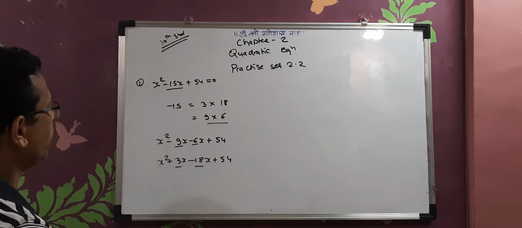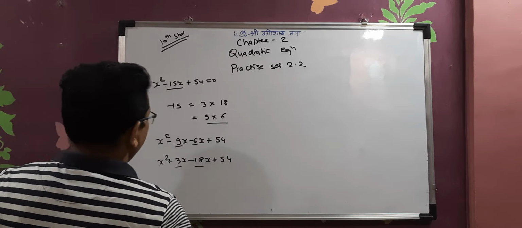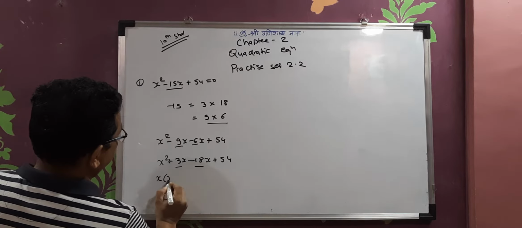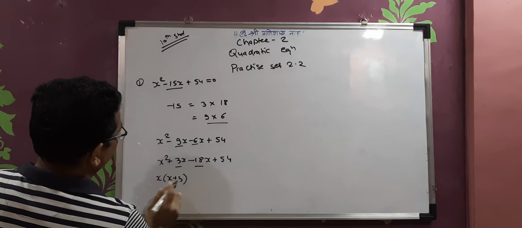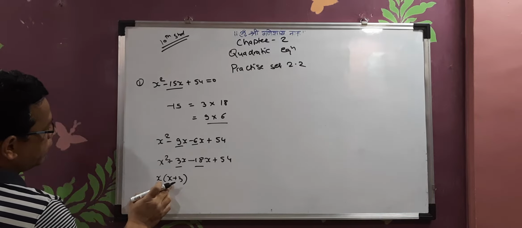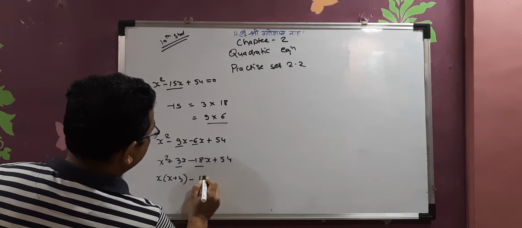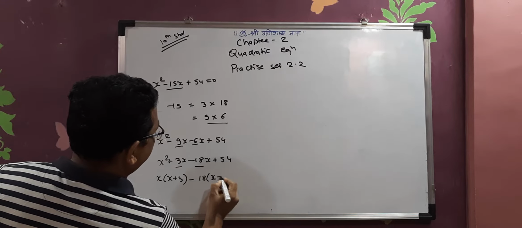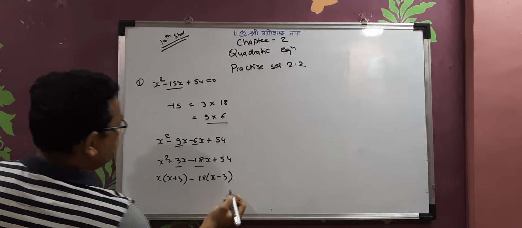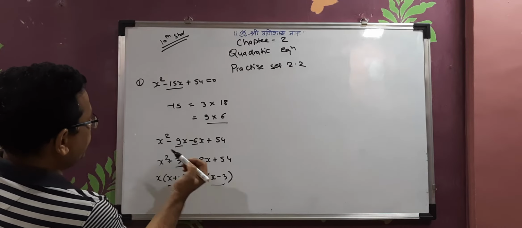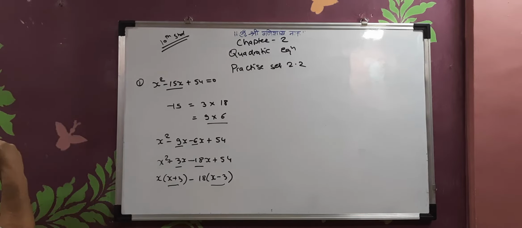Because it will not satisfy the requirement. How? Here x will come common, x plus 3, and now it is minus, we will take 18 common, x minus 3. Here we get x plus 3 and x minus 3, so it will not fulfill our requirements.